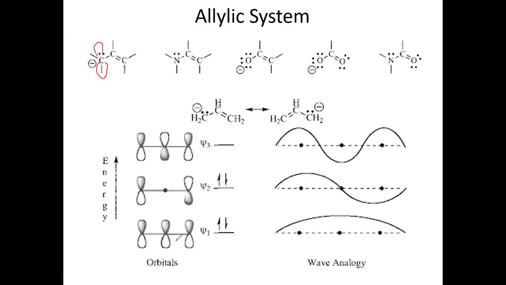And if you look at the molecular orbitals, you've got a p here, and then another p, and another p on the other carbon. That's where your 3 atomic orbitals come from. If you add those together, you're going to get 3 molecular orbitals, which are shown down here.